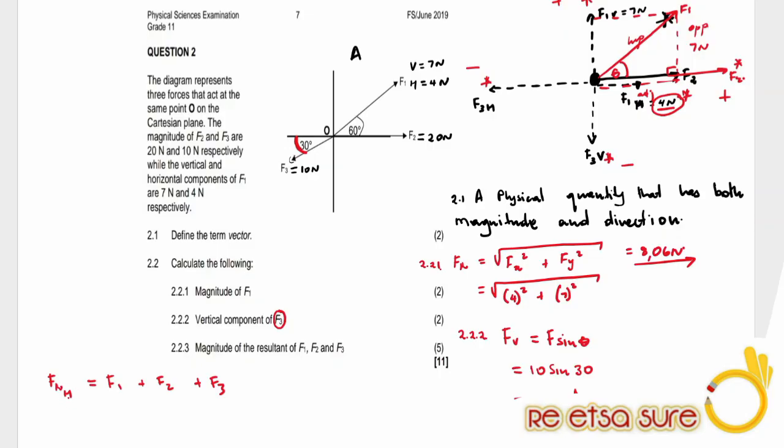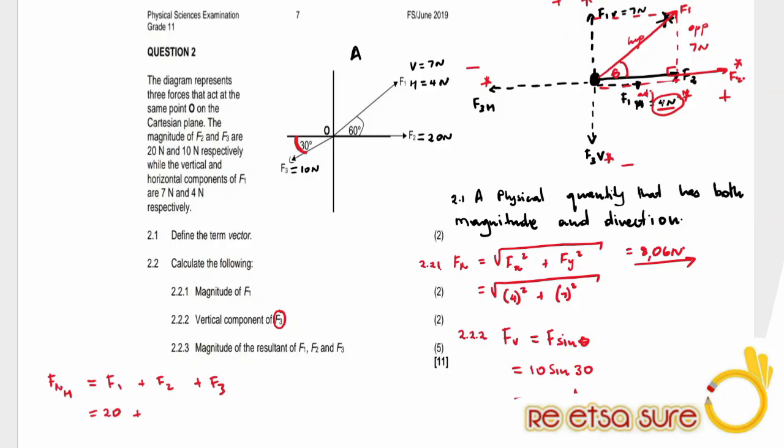But for now I'm just going to focus on the horizontal forces. Let me take this one first. The magnitude of F2 was given on our diagram as 20. That 20 must be positive, because it is moving to the right. And then plus the F2, let me take this one, because it is also moving to the right.